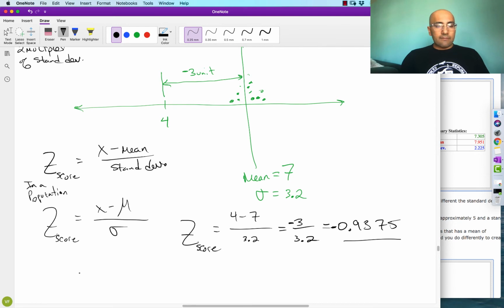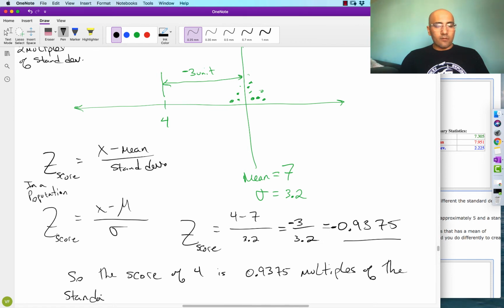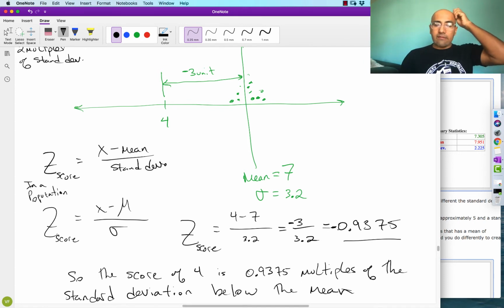So this means that the score of 4 is 0.9375 multiples of the standard deviation below the mean. Below the mean.